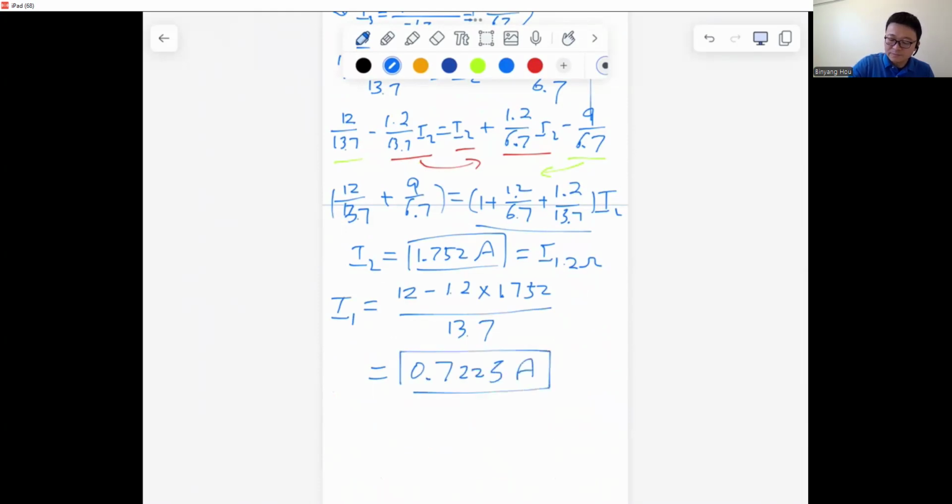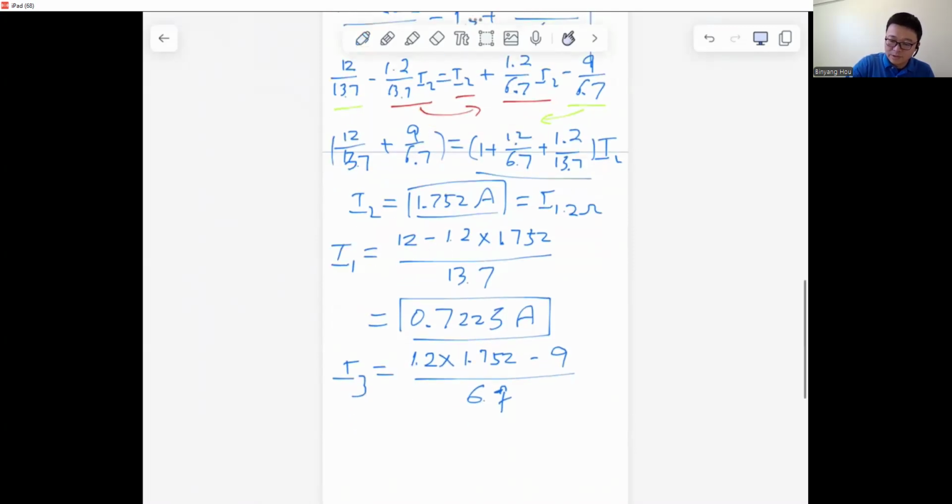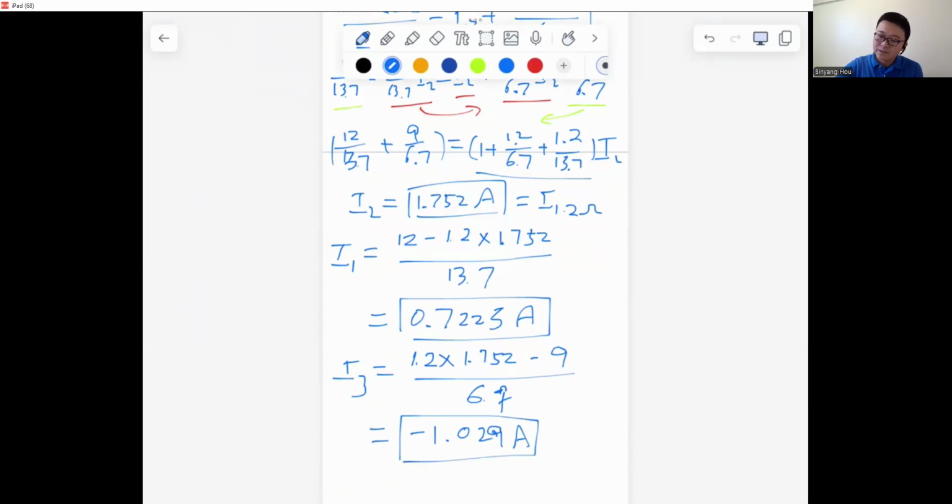And we do the same for I3, just plug I2 into the expression for I3, so this will be 1.2 times I2, 1.752, minus 9, over 6.7, which is equal to negative 1.029 amps.